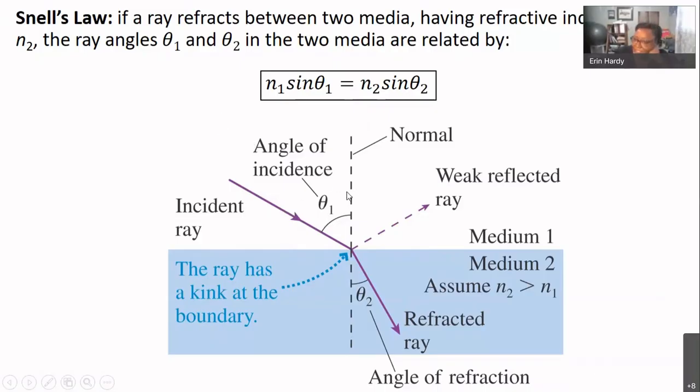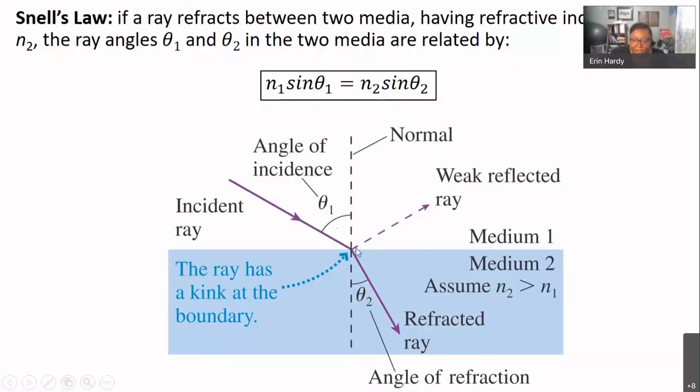So we're changing subscripts a little bit. Instead of theta I and theta R for incident and reflected, we have theta 1 and theta 2, where theta 1 is going to be the incident angle, or the angle of incidence here, because our light source is starting in material 1 and going toward this boundary between media. And then theta 2 is going to be the refracted ray inside of the second material.